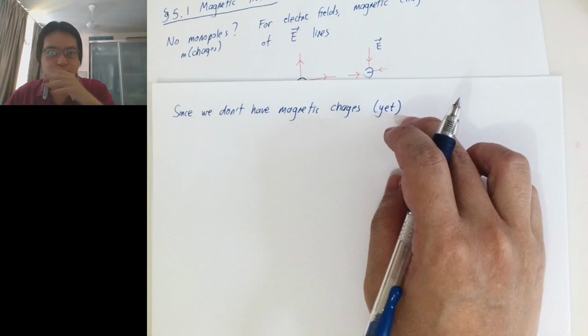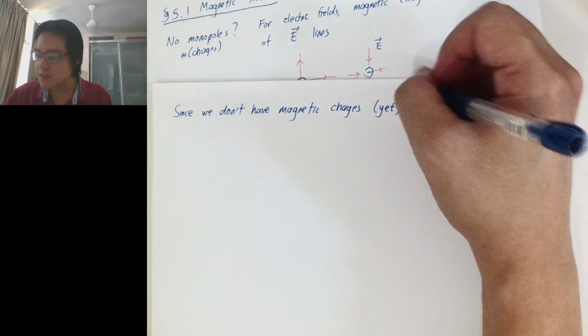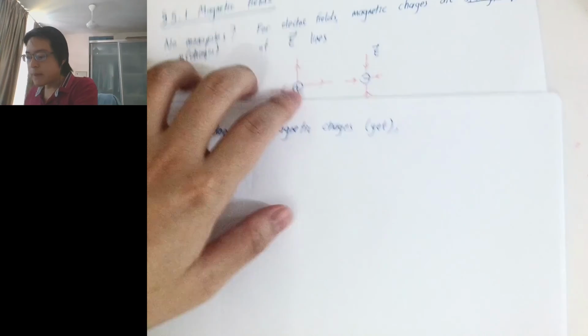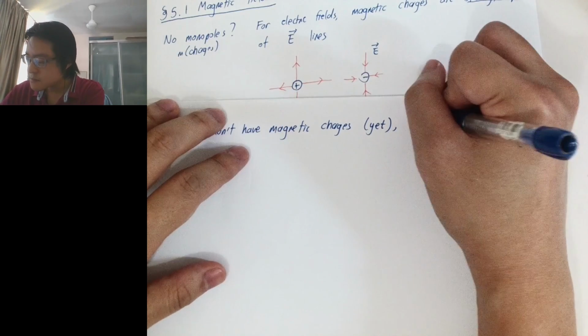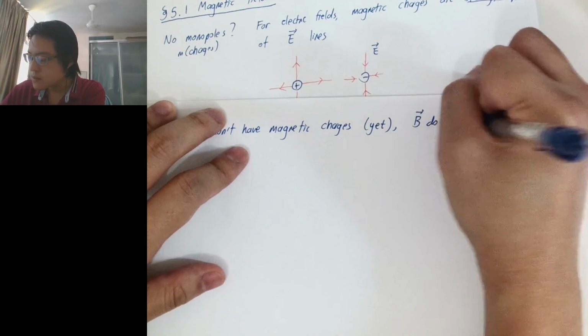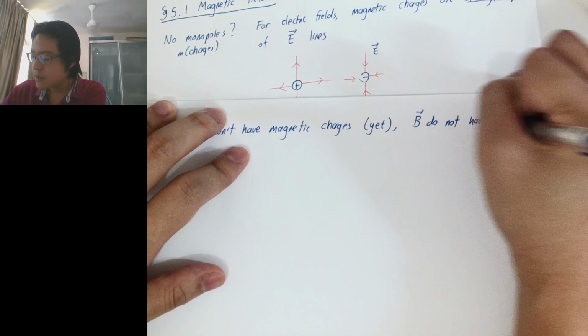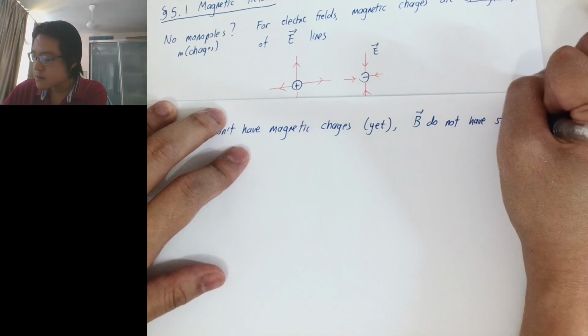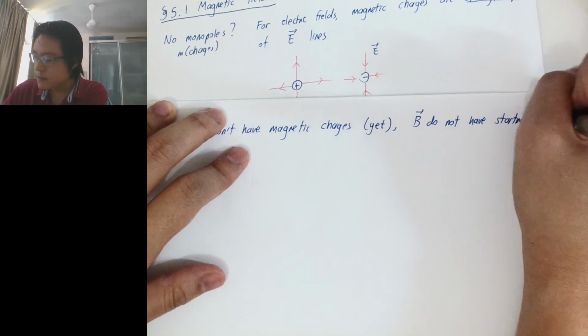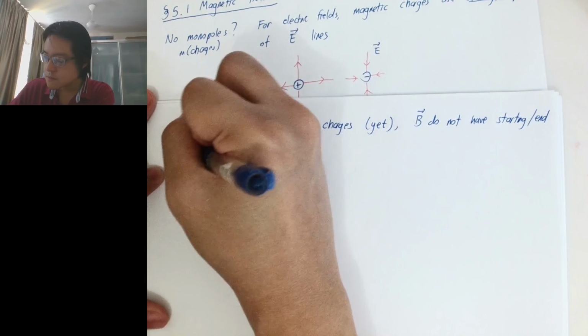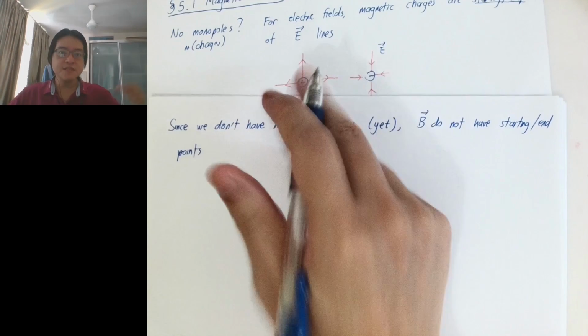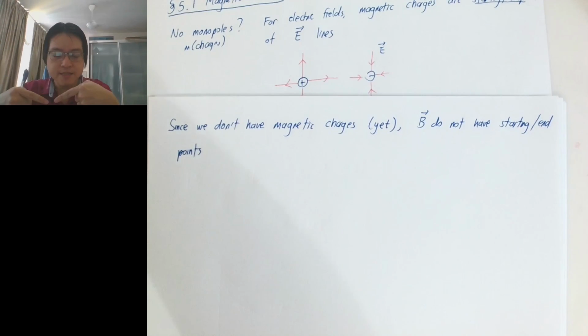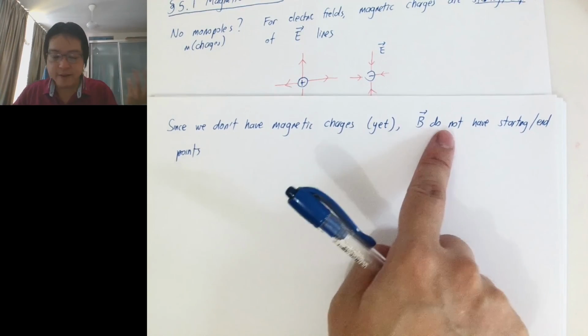So since we don't have magnetic charges yet, the magnetic field lines do not have starting or end points. With charges, the fields terminate somewhere or start somewhere and go off, but magnetic fields do not.